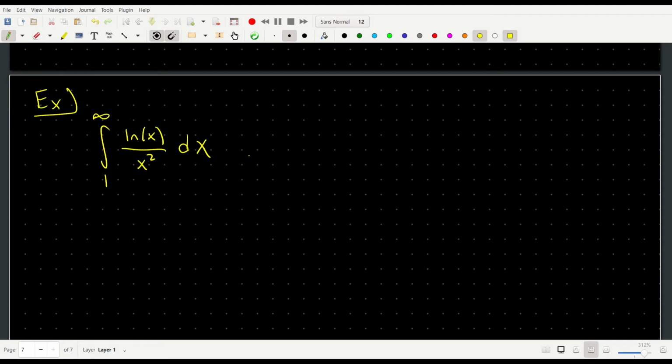So this is going to be equal to the limit as b goes to positive infinity of the integral from 1 to b of the natural log of x over x squared dx.